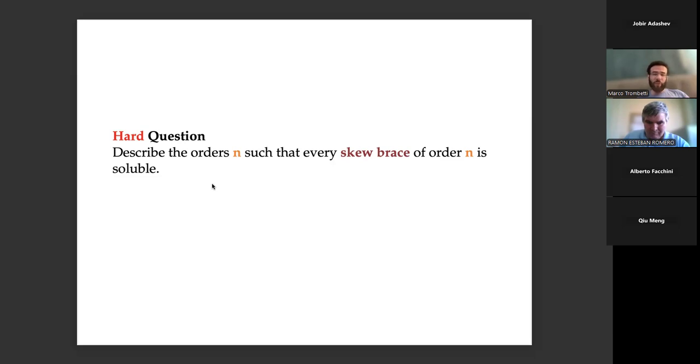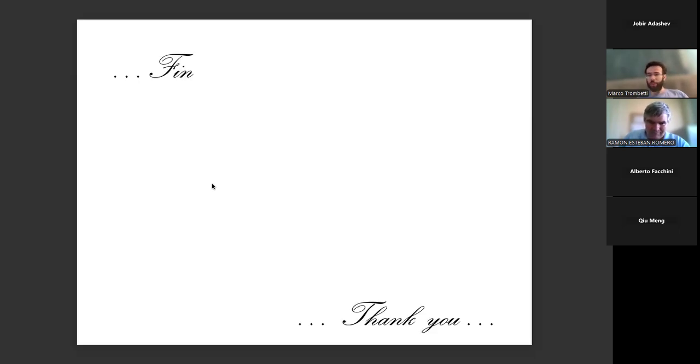But this is difficult because you need to find examples of skew braces which are not solvable, and so you need to find examples of simple skew braces, which are not very understandable right now. And I think that's all. Thank you.